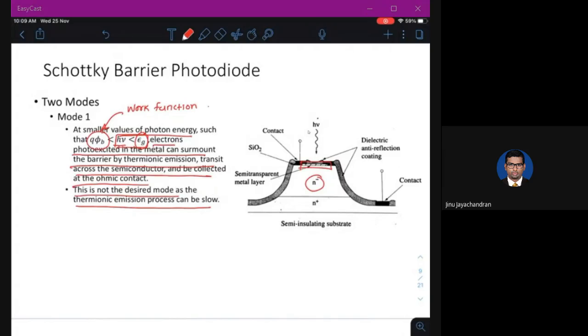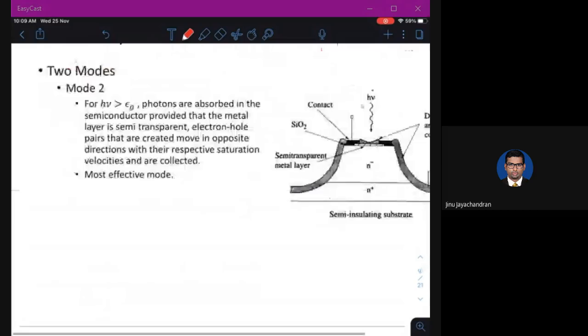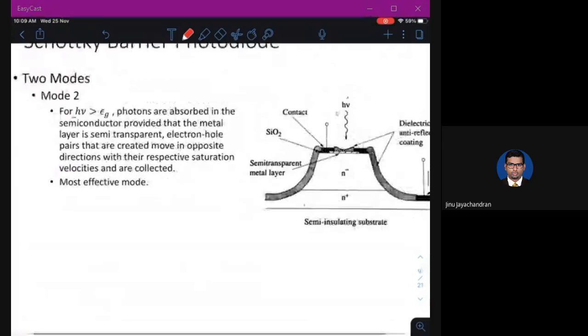What we are going to use is the mode in which the photon energy is greater than the band gap energy. So photons are absorbed in the semiconductor, provided that the metal layer is semi-transparent. Electron hole pairs that are created move in opposite directions with their respective saturation velocities and are collected.